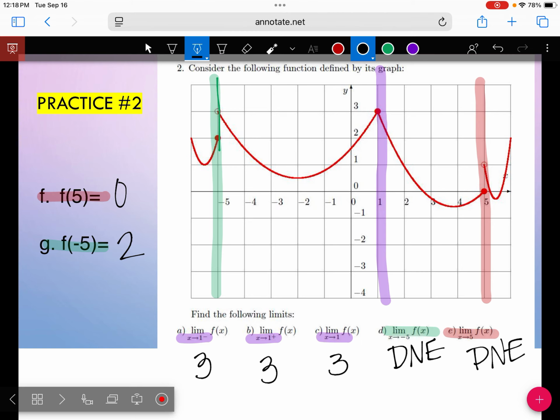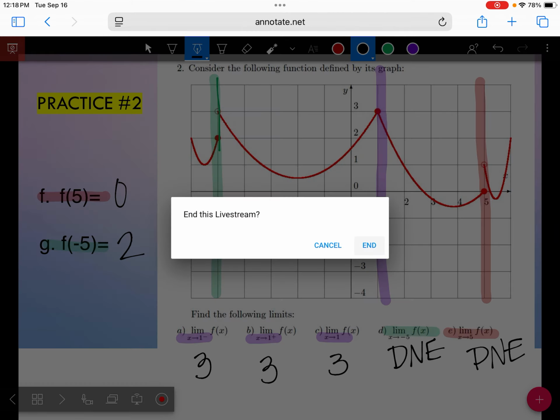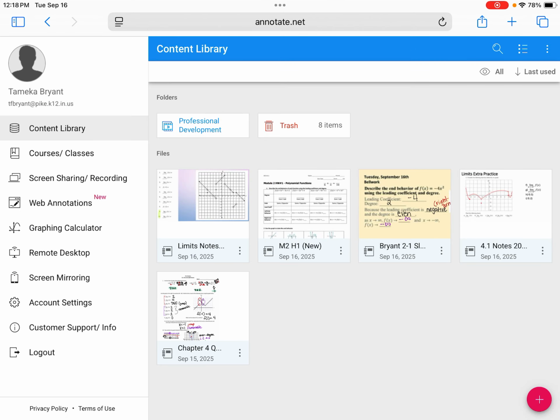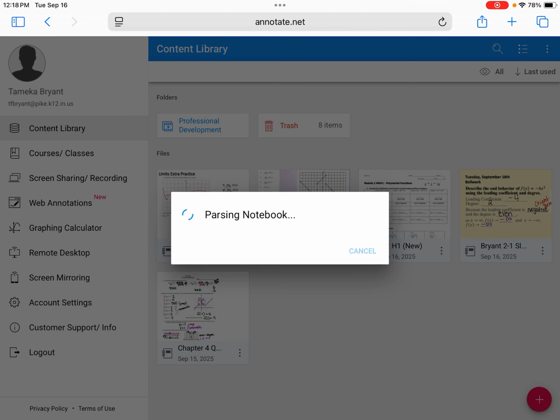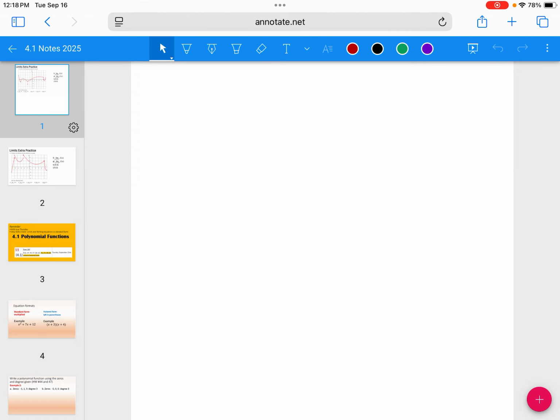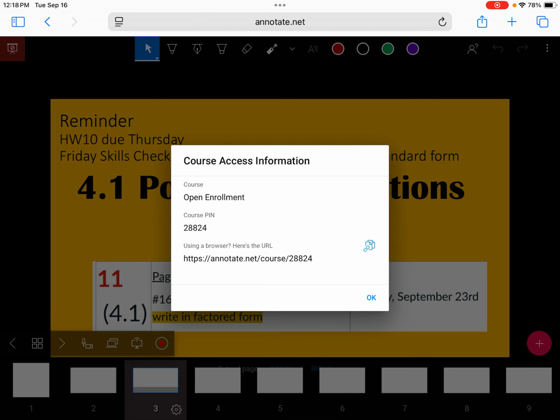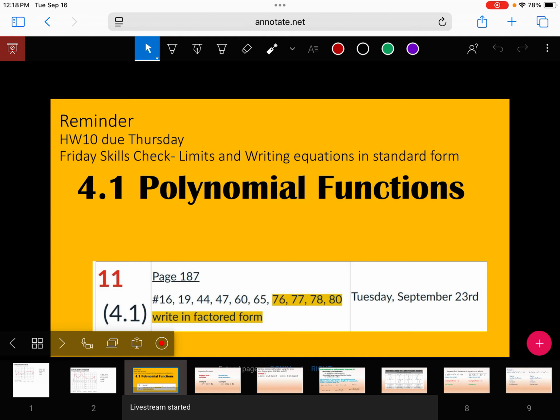So now take out your regular pre-calc notebooks. We're going to transition to 4.1. Go ahead and set up your title, your notes. 4.1 is polynomial functions.